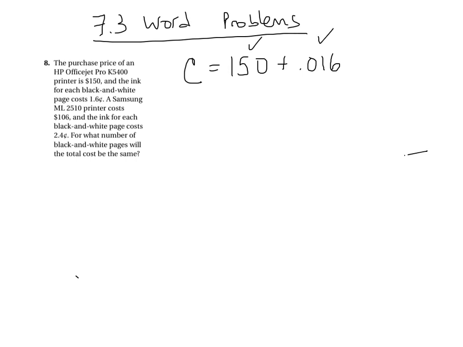Is $0.016 times the number of copies that you make, or pages that you print. But the cost for the Samsung printer, it's a cheaper printer, but it costs more to print each page. Excuse me, it's 2.4 cents. And so this represents a system of equations where C represents the cost for both of them.